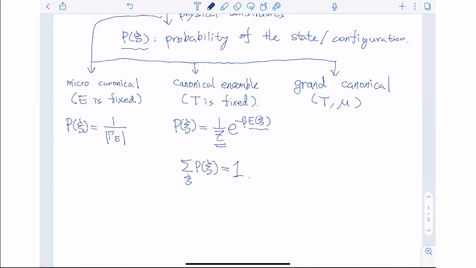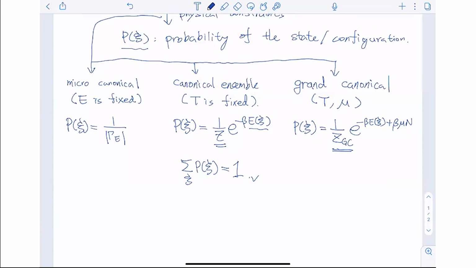And the probability for the microscopic state is described in a very similar fashion, but now the Boltzmann factor is modified by another factor related to beta mu times the particle number N. Again, the grand canonical partition function is fixed by the normalization condition of the probability.